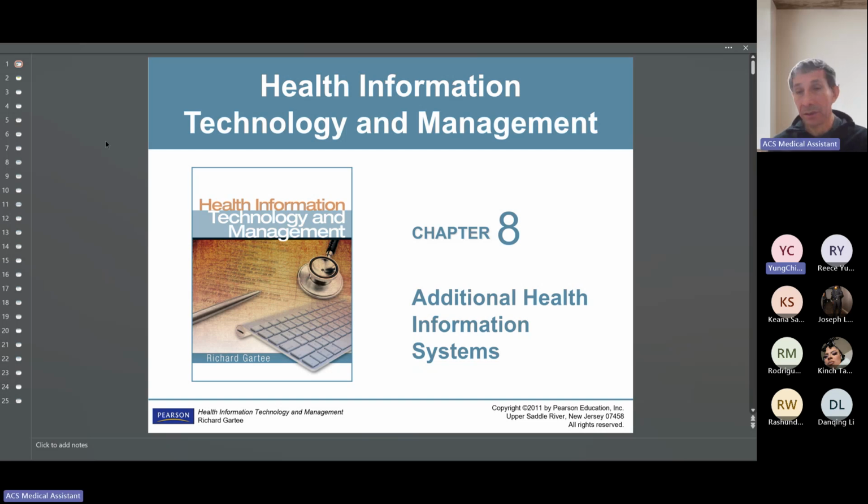What is assessment? Diagnosis. The patient was diagnosed with the flu, with COVID, with this type of cancer, with diabetes, with high blood pressure, with high levels of cholesterol, with anemia, with arthritis. Anything that the patient is being diagnosed with is called assessment. Plan is what we are going to do.